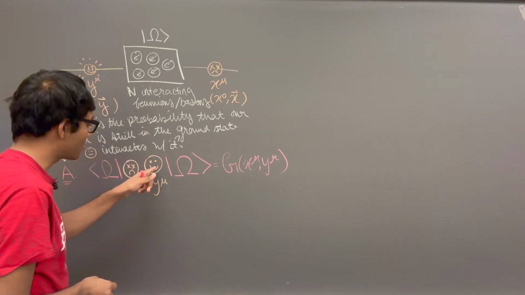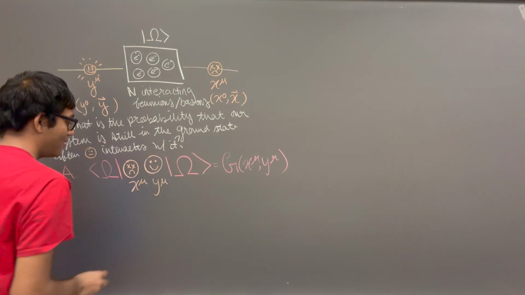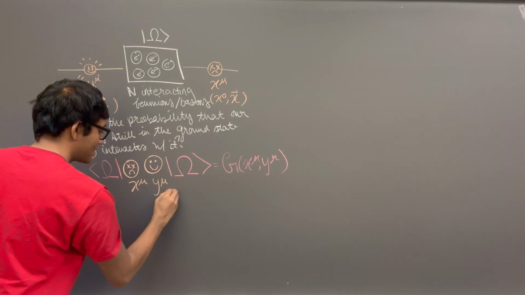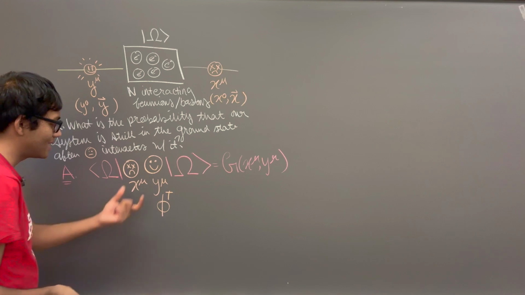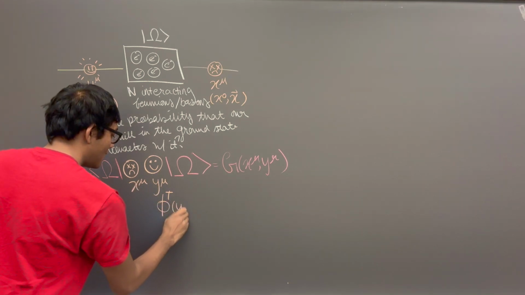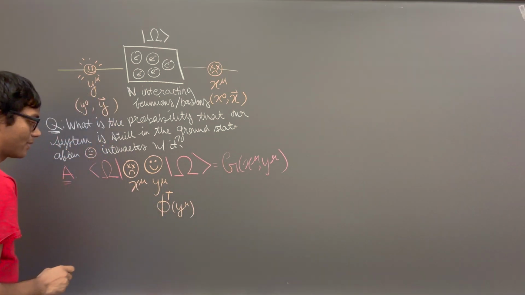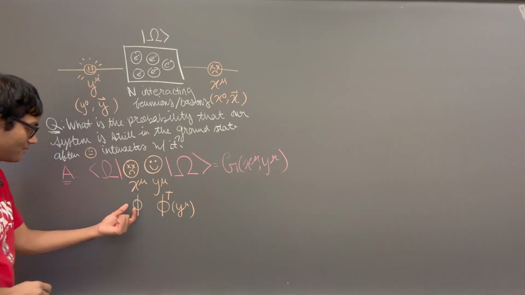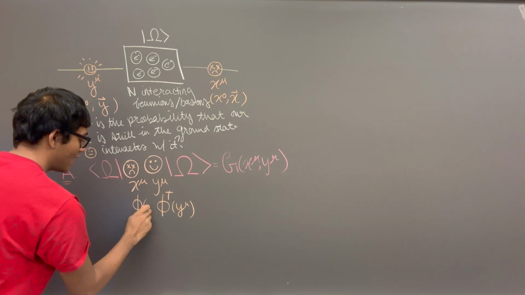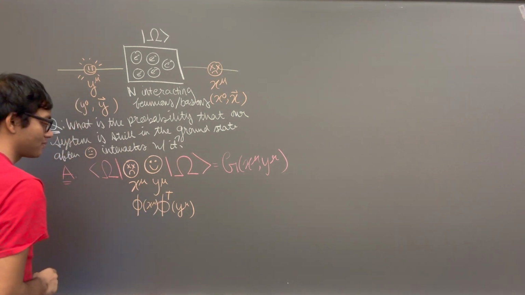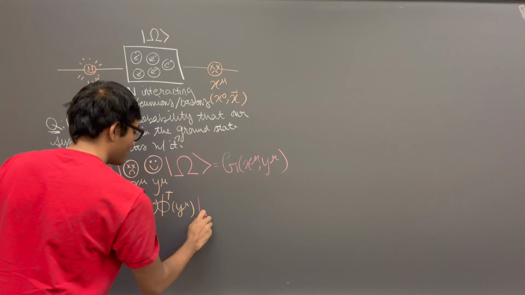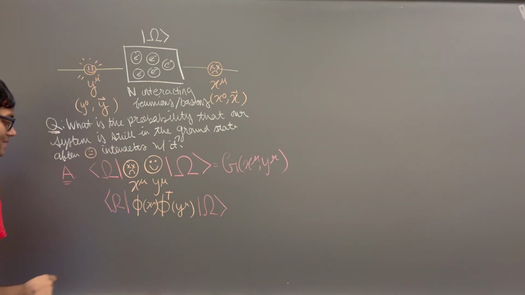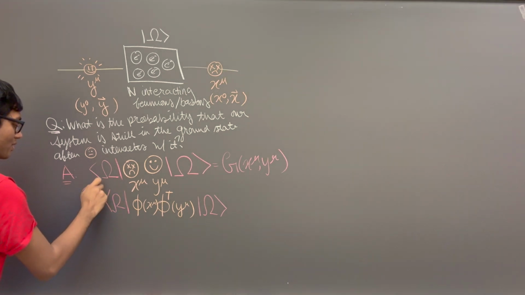So in other words, instead of this happy face, I can write phi plus, meaning that a particle was created at y mu. And likewise, I can annihilate a particle using the annihilation operator phi at x mu. And then I've once again got my initial and final states, and this is equal to the Green's function.